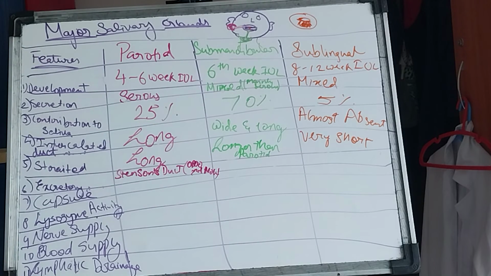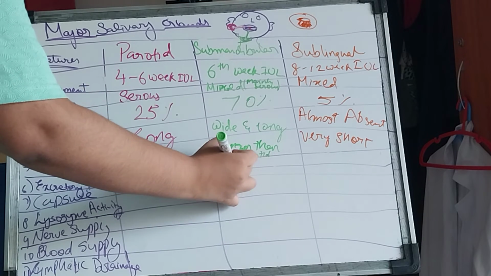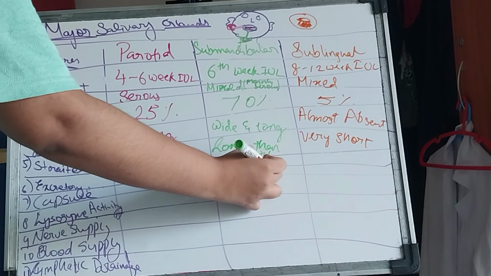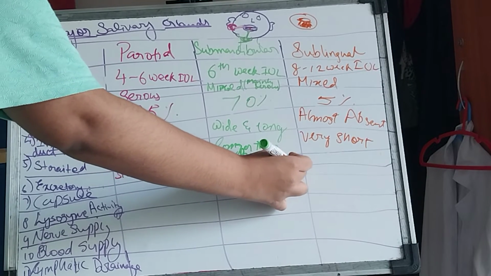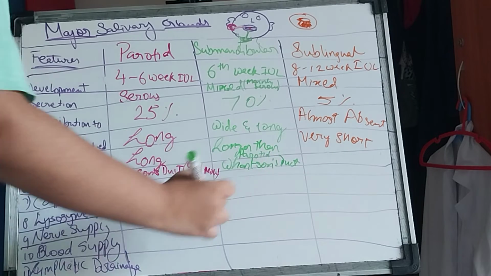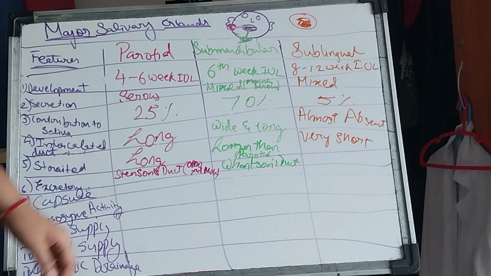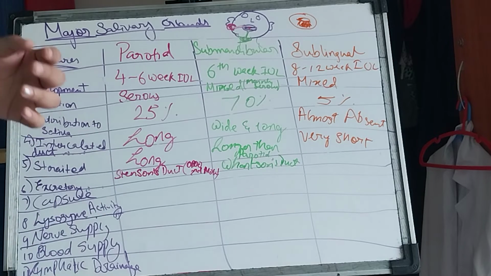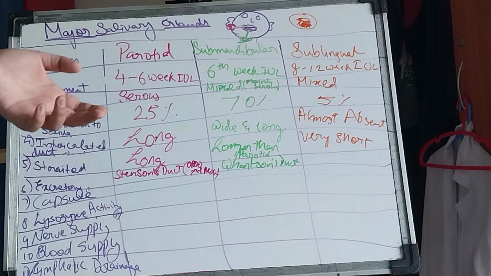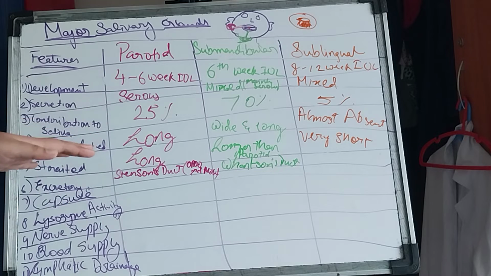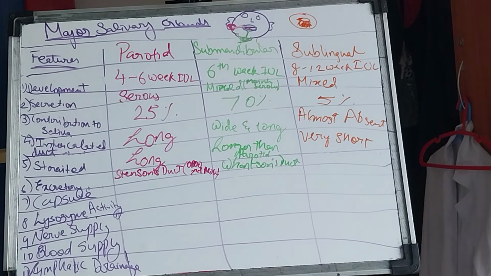Then coming on to the submandibular, it is called the Wharton's duct. I am writing the name here, but the whole duct of the submandibular gland is called the Wharton's duct. The excretory duct is the last part, which directly opens in the oral cavity. So it opens in the sublingual papilla, lateral to the lingual frenum.